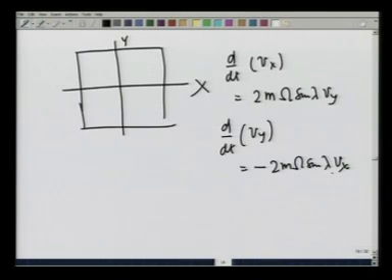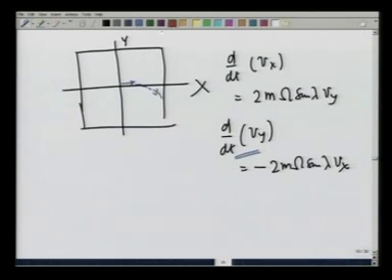Suppose we are in the northern hemisphere, and I throw a particle along the x direction towards the east, so that initial Vy is 0 and Vx is finite. Then you will see that you slowly start developing a Vy, because d by dt of Vy is not 0, in the negative direction. So, this particle would tend to deflect like this.